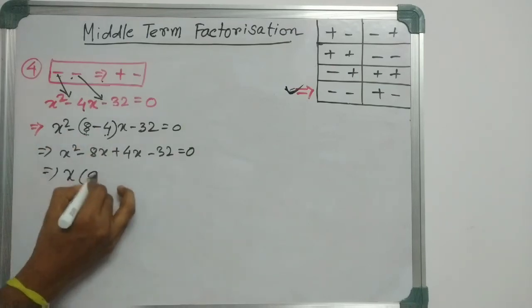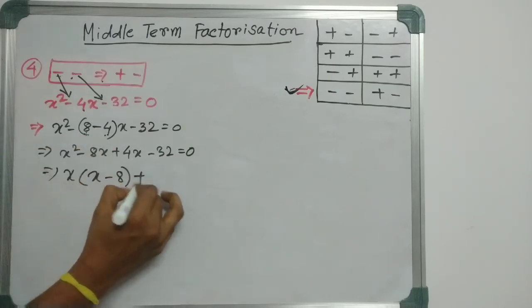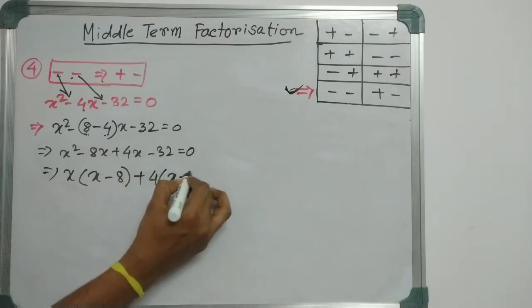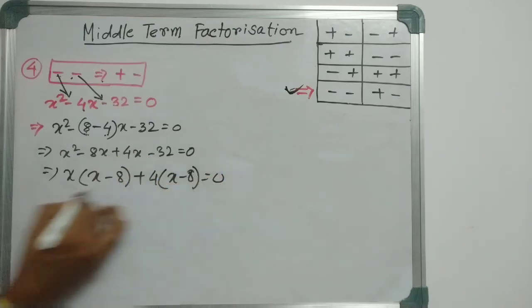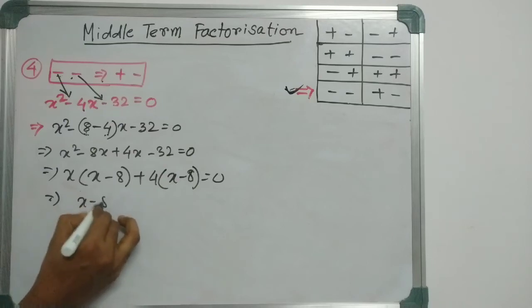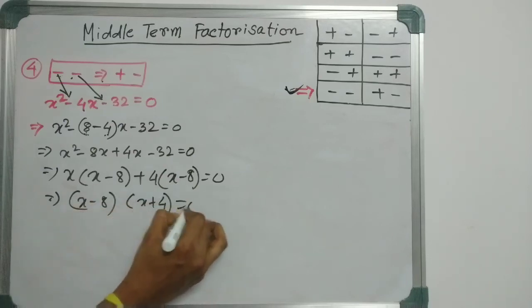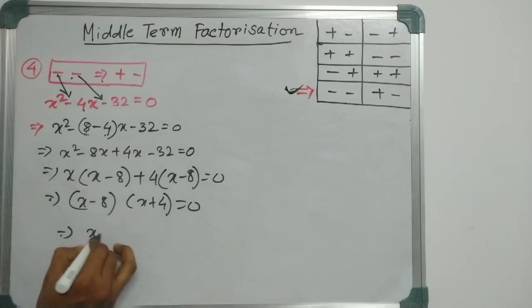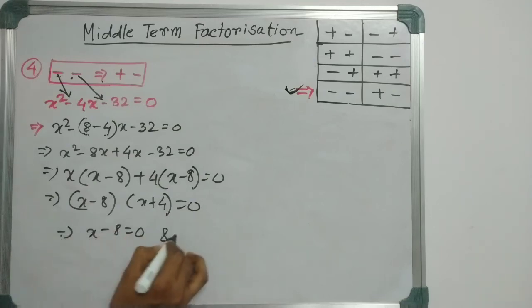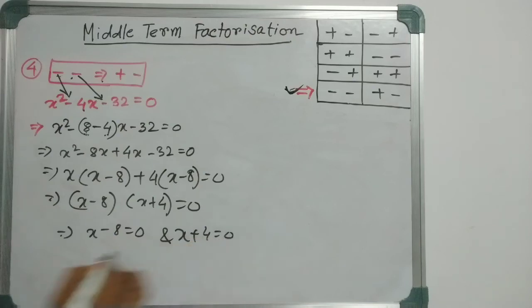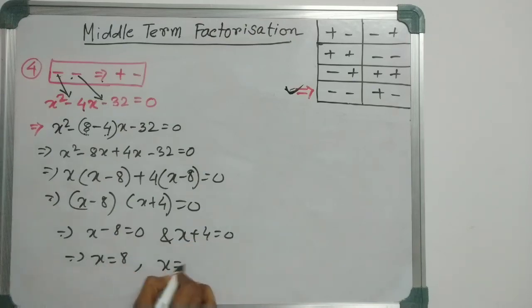So x is common, so x minus 8, and here 4 is common, so x minus 8 equal to 0. Now x minus 8 is common, so x plus 4 equal to 0. See, this is x minus 8 equal to 0 and x plus 4 equal to 0, which implies x equals 8 and x equals minus 4.